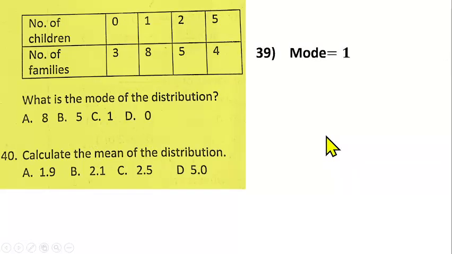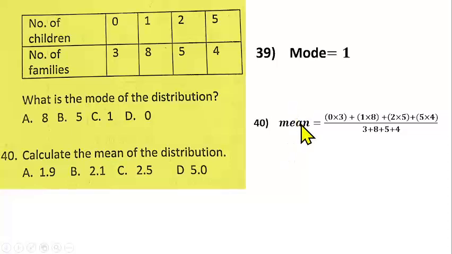So you have to find the mean of the distribution, and how do we do that? We need to multiply each value by its frequency, add them up, and divide by the total number of families.